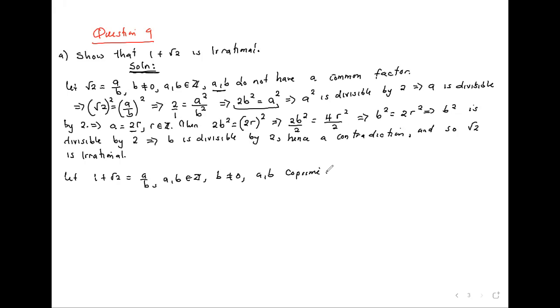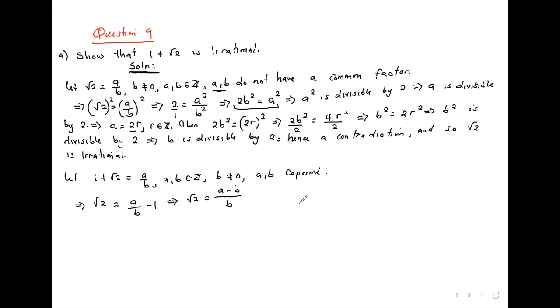When you say coprime, you simply mean they have no common factor. Because they are coprime, let's solve for root 2 now. So we have root 2 is equal to A over B minus 1, implying that root 2 is equal to, common denominator is B, A minus B over B.